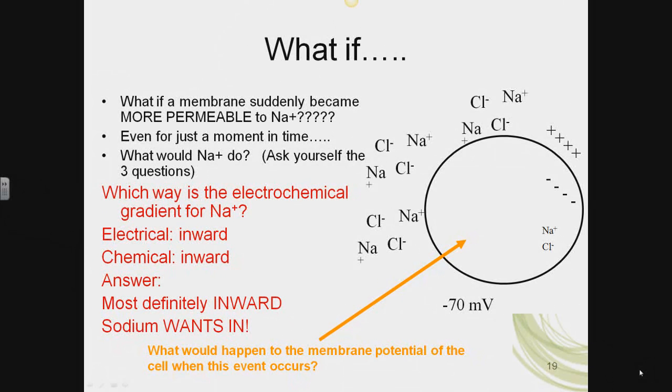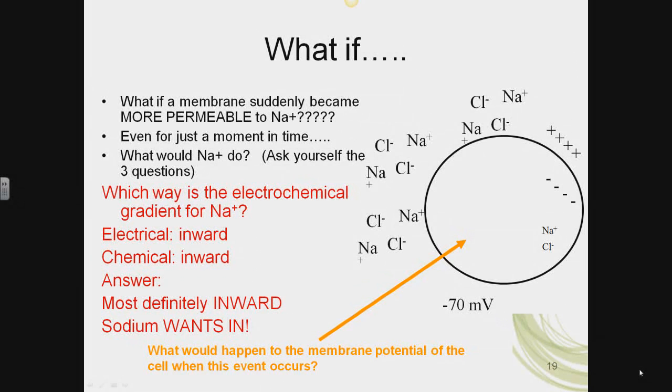Now what would happen to the charge inside the cell, the membrane potential, if sodium moved into the cell? The answer is the inside of the cell would become less negative. It wouldn't stay at minus 70 millivolts, which is what I'm showing you on the screen. It would become less negative, progressively more positive.